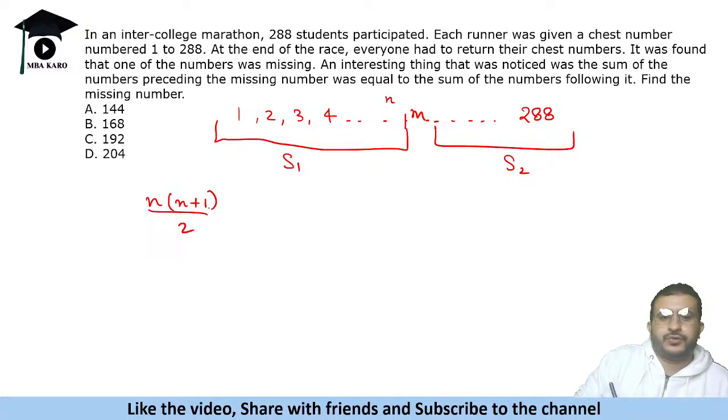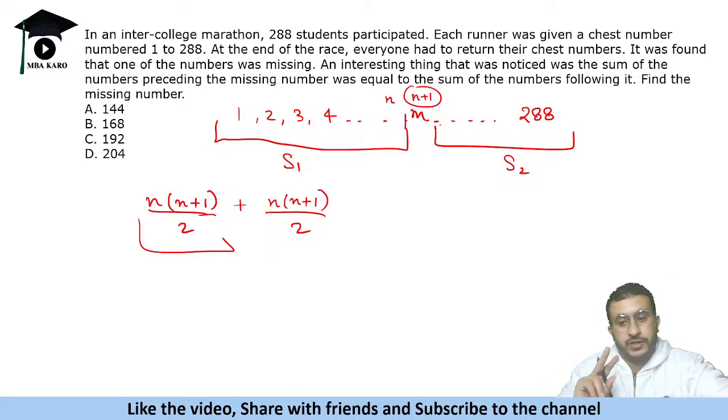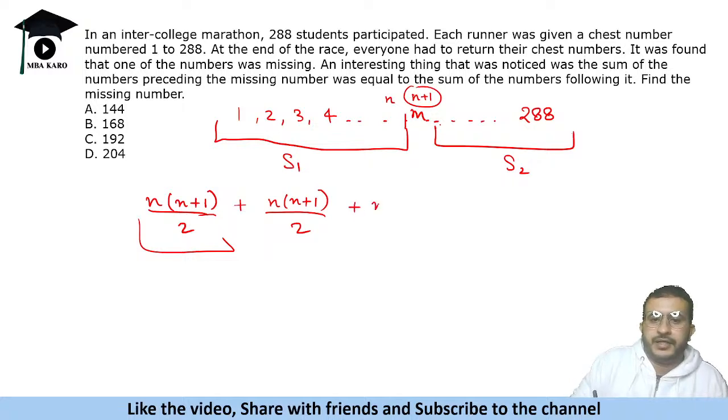So n into n plus 1 by 2 सम हो जाएगा, और ये नंबर होगा n plus 1. ठीक है, n into n plus 1 by 2 and plus the same sum, ये sum भी वही है, n into n plus 1 by 2. Sum of first n natural numbers is n into n plus 1 by 2, right, and the missing number is n plus 1.